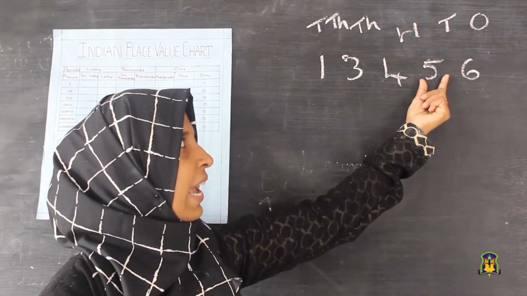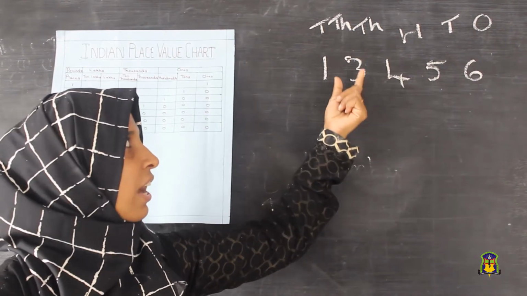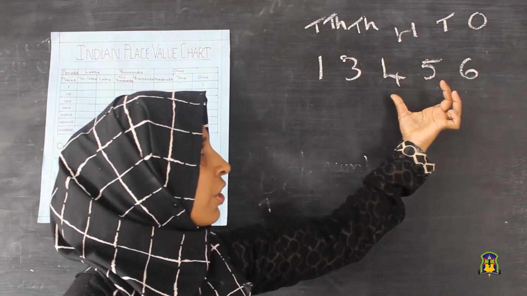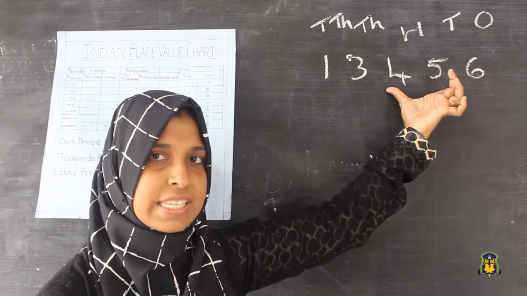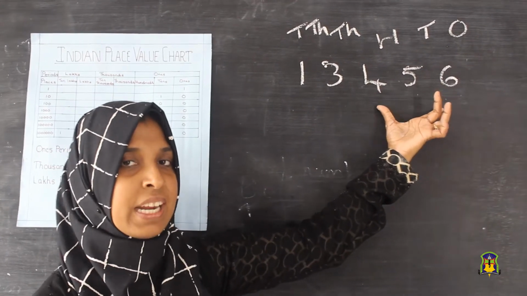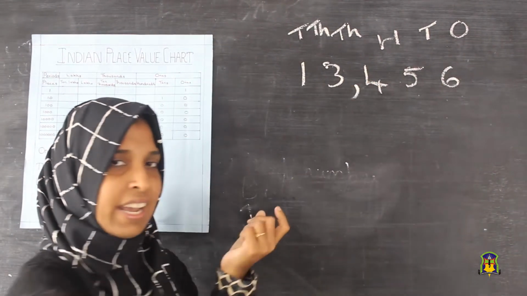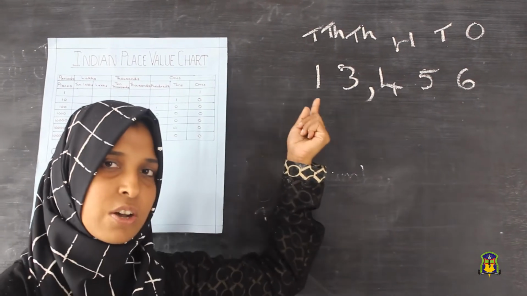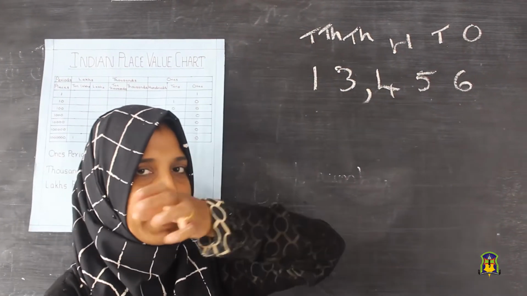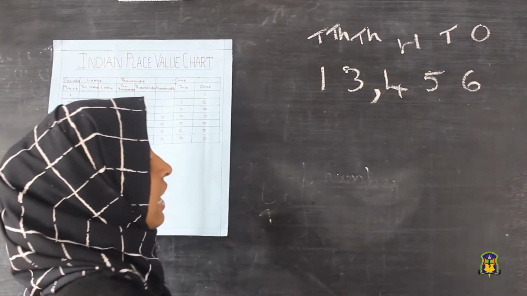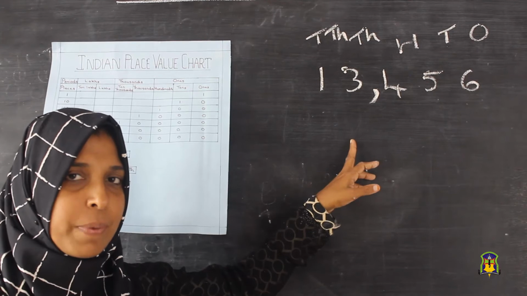Ones, tens, hundred, thousand and 10,000. Here we all know that the first 3 places form the ones period. So after the ones period, put a comma. Then 1,000 and 10,000 form the 1,000 period. Then how do we write the number name?